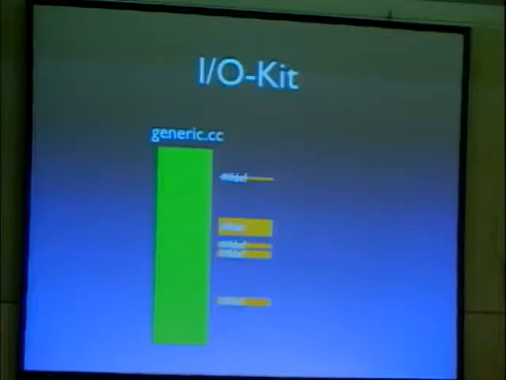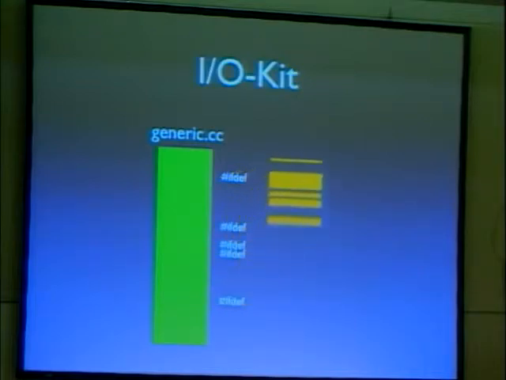A generic driver is then used as a base class, and a more specific driver inherits all the code from this class and overrides all the functions that need a different implementation. The I/O Kit offers many more powerful modern features, but I'm not a driver person, so let's move on to the KEXT.